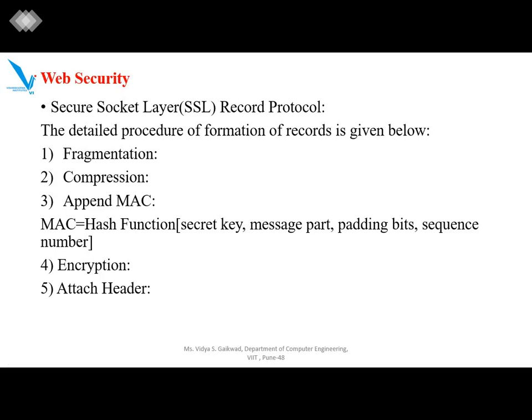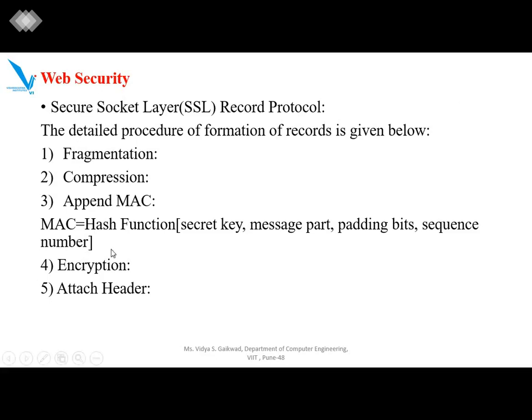So append the MAC value to each part of a message. Next is encryption. Encrypt the complete part with MAC using a symmetric key encryption algorithm. Next is attach header. Attach the header to the packet. Now the record is prepared and made ready for transmission.